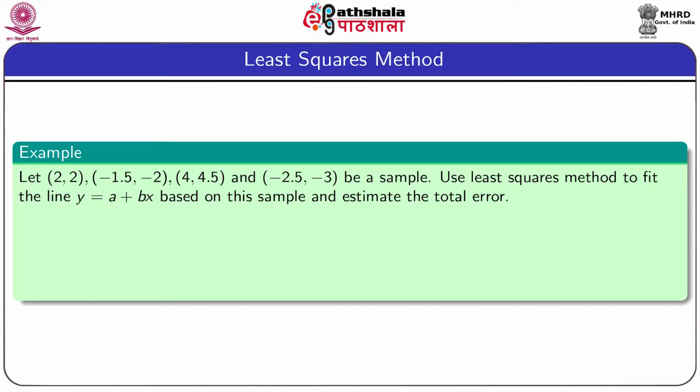Now I consider one example to illustrate the least square method to fit a straight line. Let (2, 2), (minus 1.5, minus 2), (4, 4.5) and (minus 2.5, minus 3) be a sample. Use the least square method to fit a straight line of the form y equal to a plus bx based on these sample points and estimate the total error.